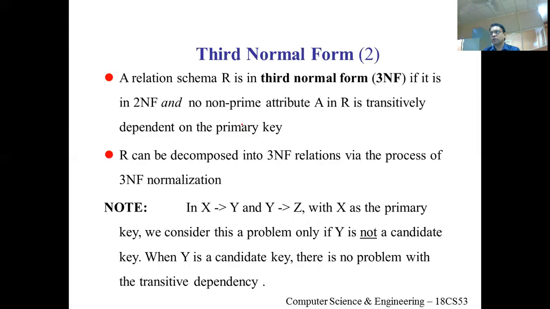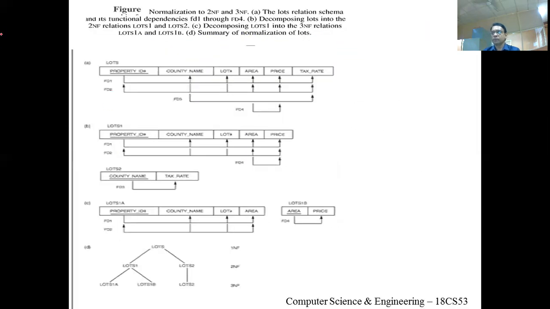Let me take you to the Lorentz relation. In the Lorentz relation, we have two candidate keys. One is property ID and the other is the combination of county name and lot number. So now we have two candidate keys, and either one of the keys can be qualified as the primary key. As of now, we have selected property ID as the primary key.